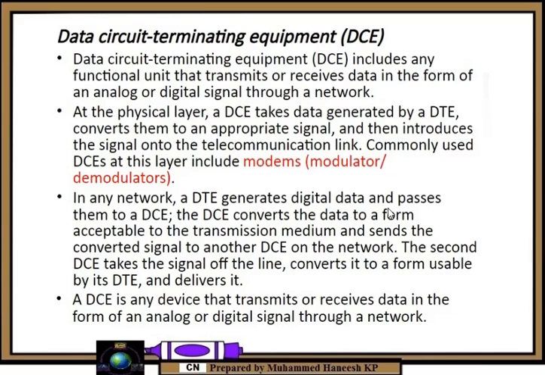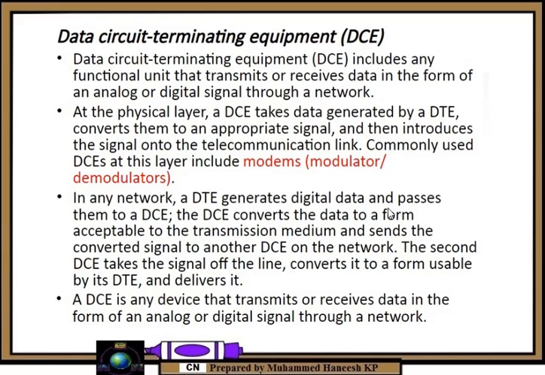The second DCE extracts the signal out of the line and transforms it into a form that its DTE can use and deliver. In order to achieve this communication, both the sending and receiving DCE must use the same modulating method, much the way that if you want to communicate with someone who understands one particular language, you must speak that language.